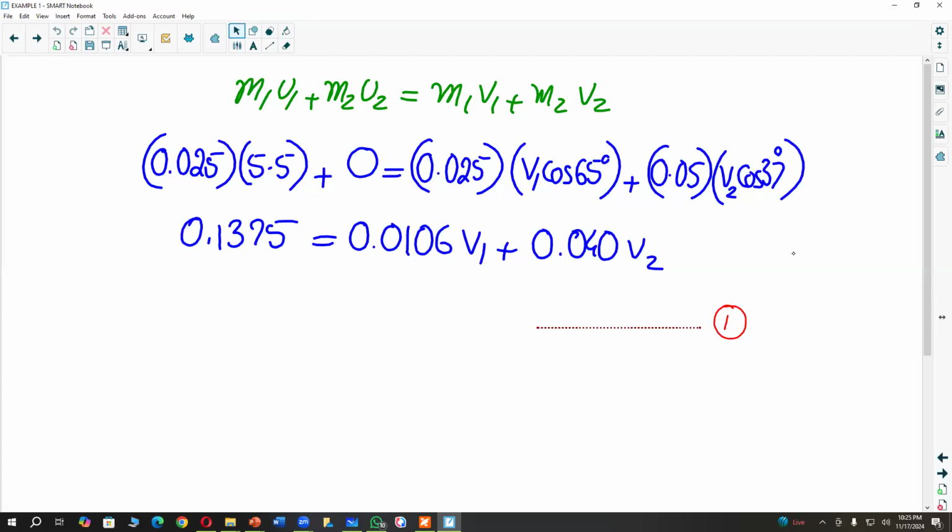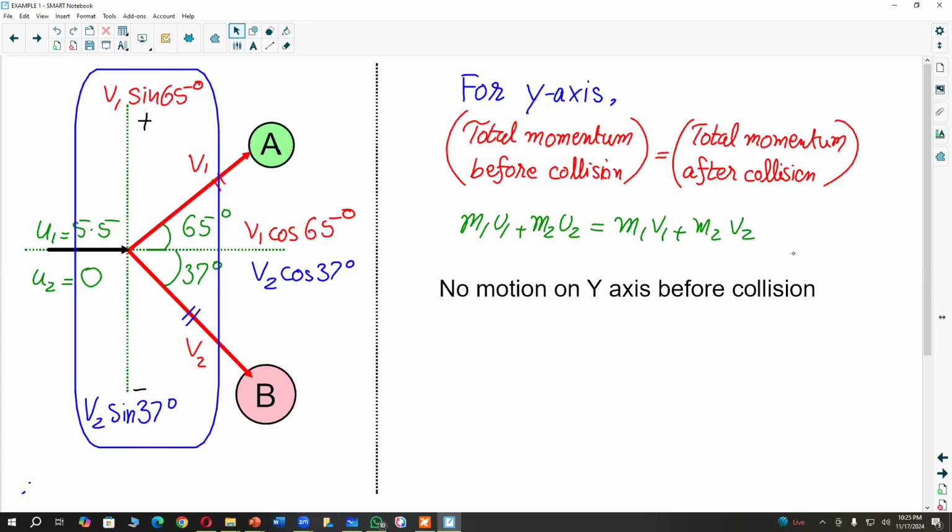Then we move forward for our y-axis block. Look at the y-axis block.